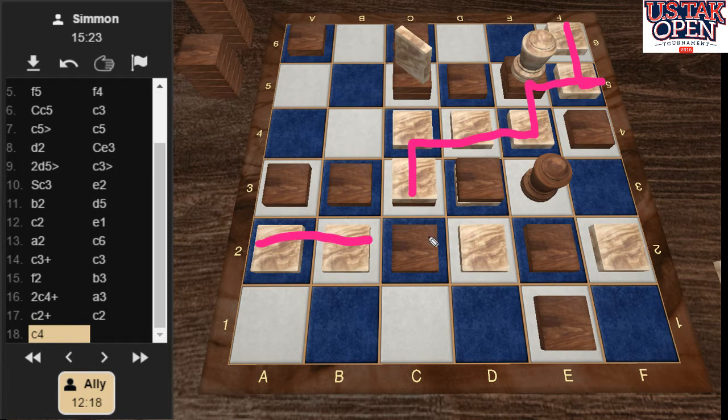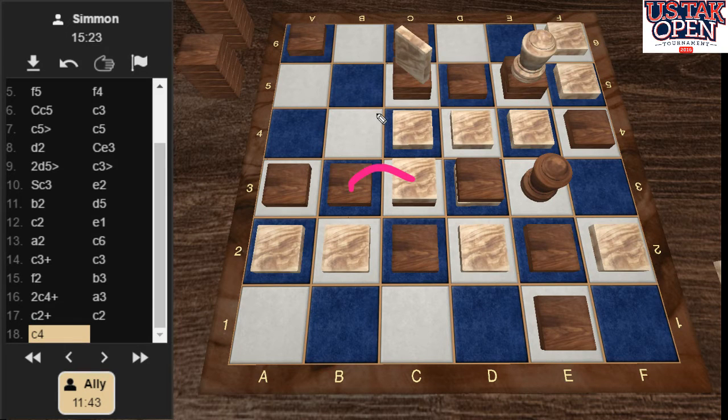And there is still plenty of exposure of black pieces to that, so it's not a problem. But Ally definitely does have a decision to make, a defensive move. I would be wondering about something like, maybe B3 would be okay.